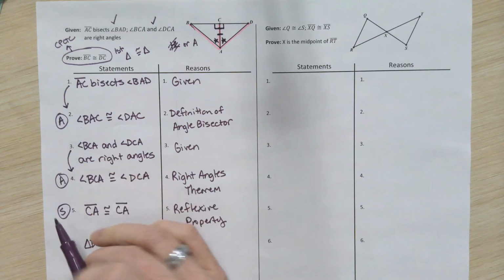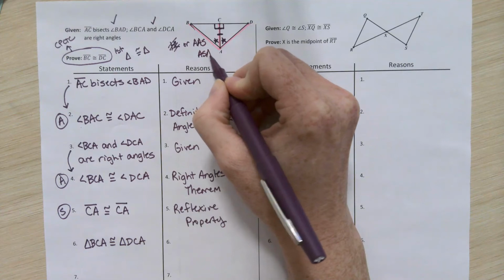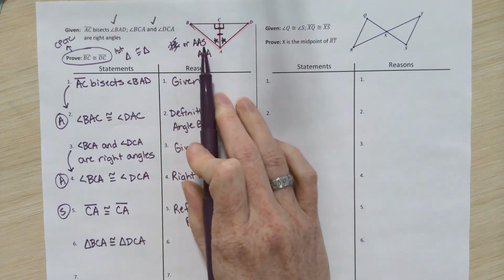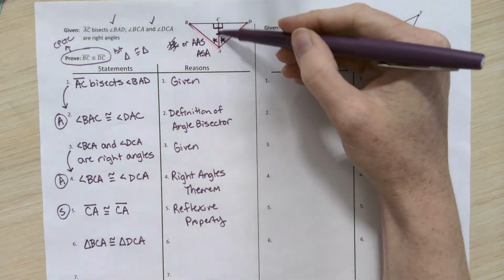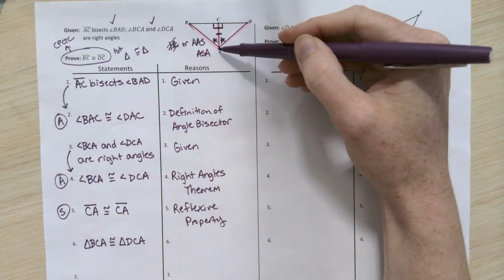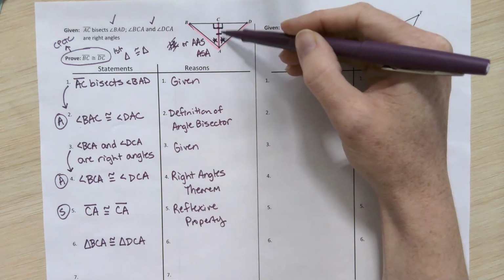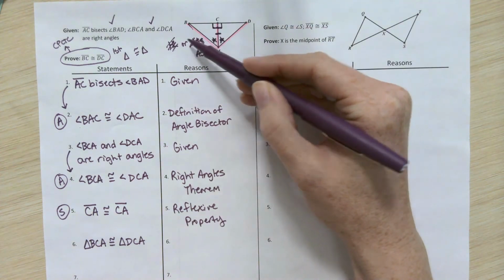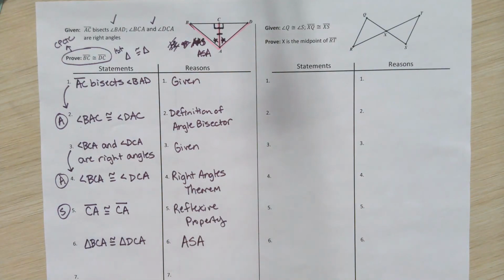And if I have 2 A's and 1 S, it's time for me to make a decision between angle, angle, side, and angle, side, angle. Looking at that reflexive property shared side, that is connected to both the right angle and the star angle in both of my triangles. So this one is going to be an angle, side, angle situation.